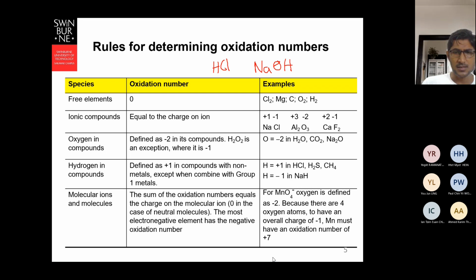It is having a negative charge, that means -1. The whole ion is carrying a -1 charge.